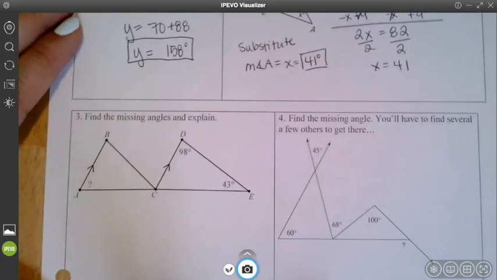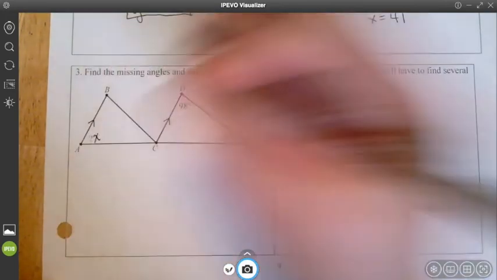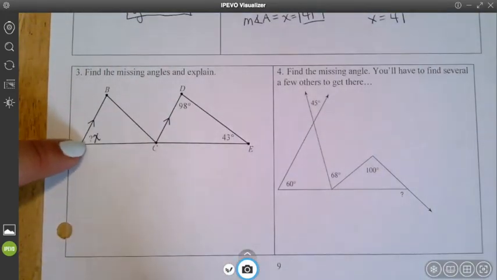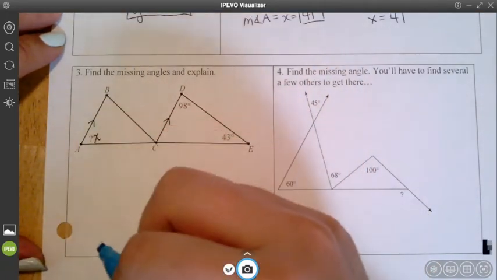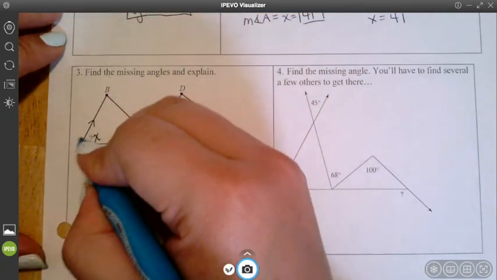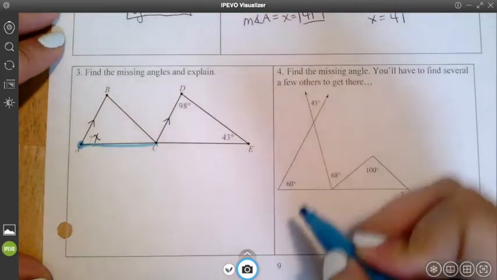Example 3, find the missing angles and explain. So here, let's call it x. We need to find the measure of this angle. Well, if we look at this, we have two parallel lines and a transversal. So if this is the angle I want to find, this is the transversal I want to use.